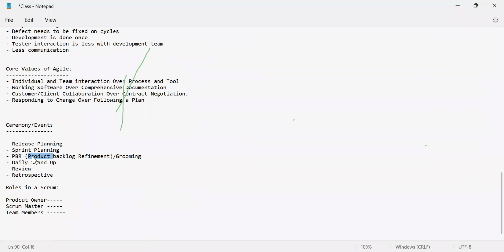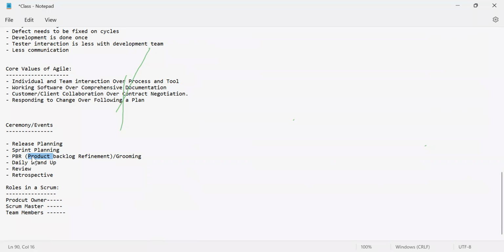When 20 out of 100 are pulled into the sprint backlog, we have 4 teams, and each team takes up 5 story points. This sprint planning happens for each and every team separately. When the first team takes up 5 stories for sprint 1, all the team members sit for sprint planning.